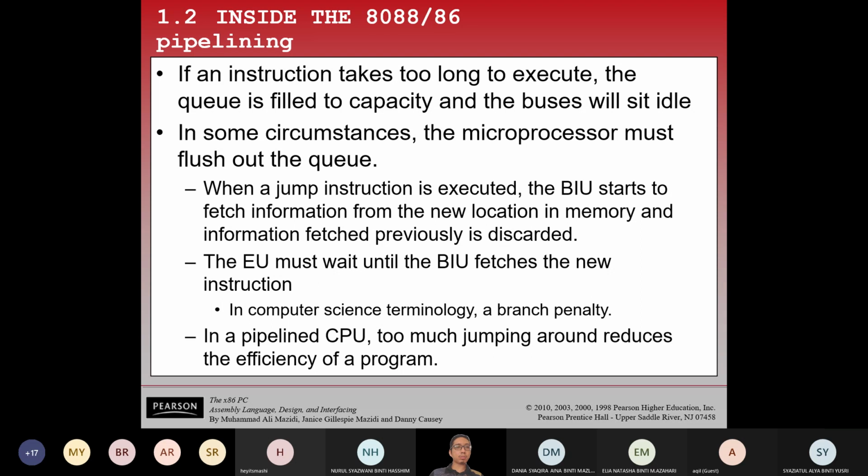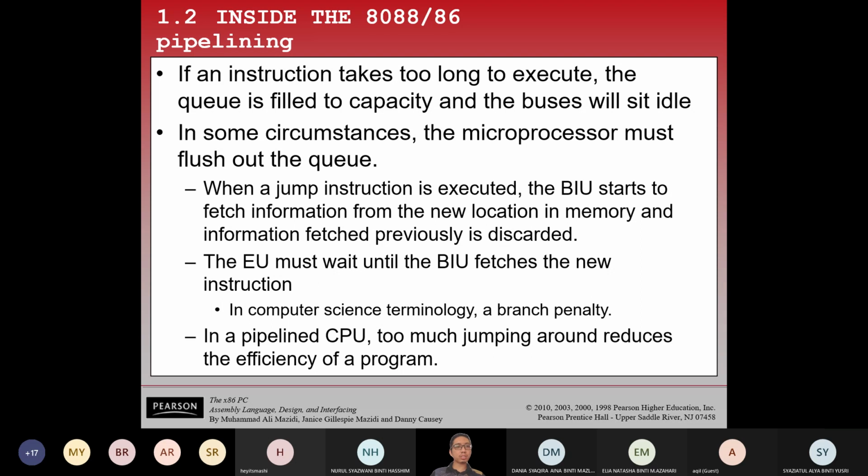In some circumstances, the microprocessor must flush out the queue. Sometimes some information you don't really need, so it's not important, and you want to flush out the queue.